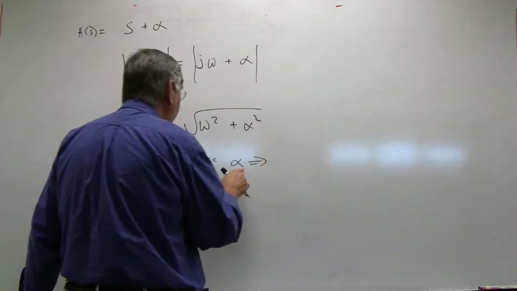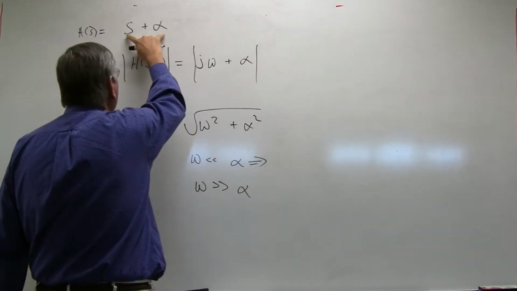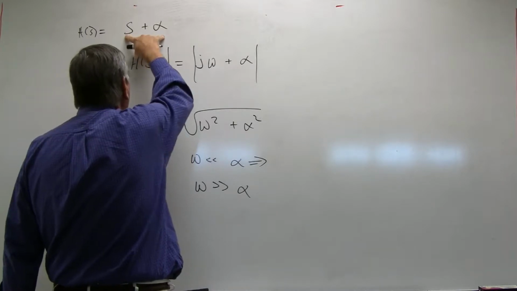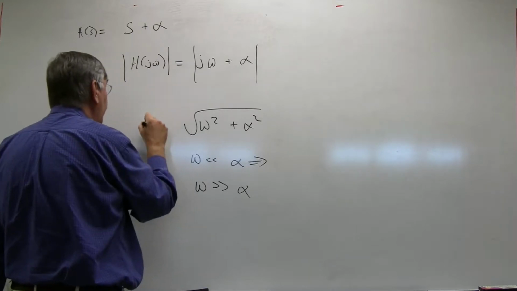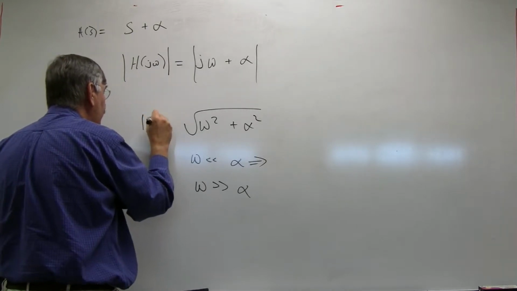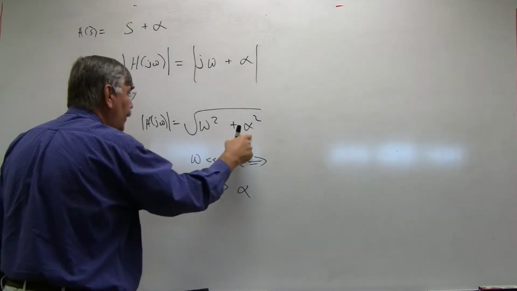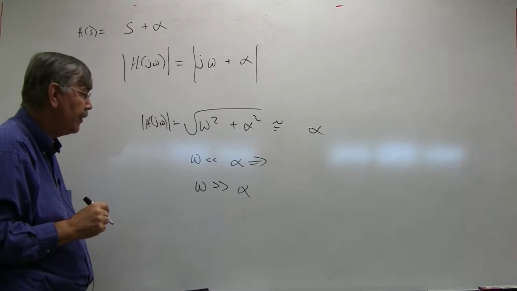When omega is much, much less than alpha, you can start with the original function. At the low frequencies, the magnitude of j omega is much less than alpha, so the magnitude of h of j omega is approximately equal to alpha, a constant, independent of frequency.